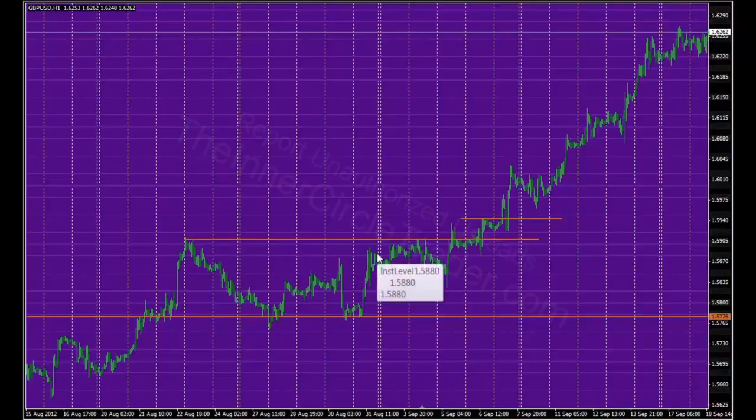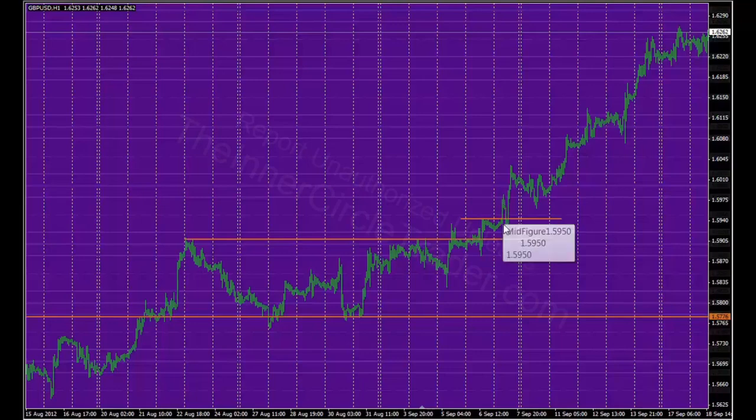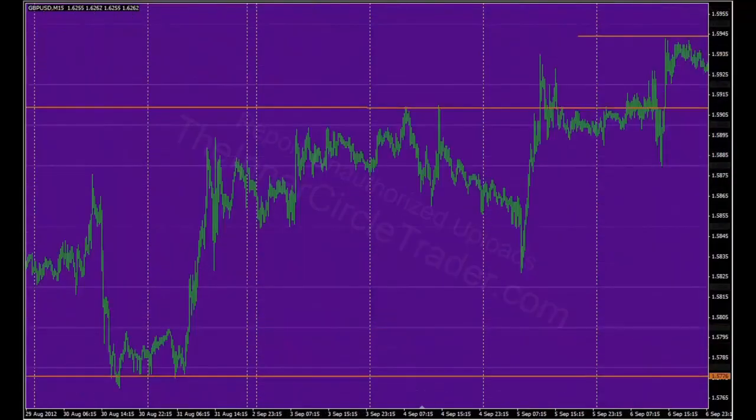And that resistance level here, and we have this little move right here. We're going to break that down, and this happens to occur on September 7th of this year, 2012. And we're going to go down to our 15-minute chart, which is our mid-level.